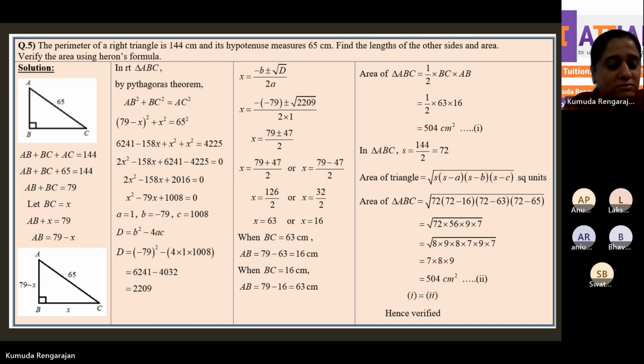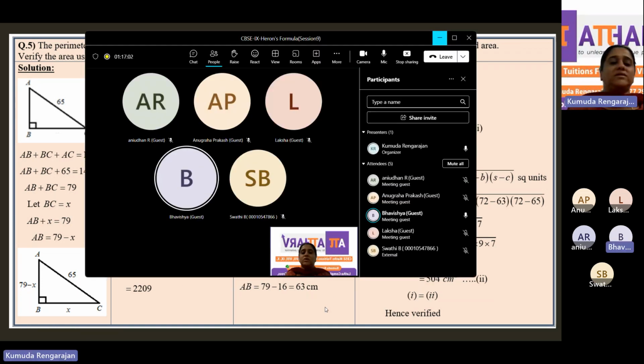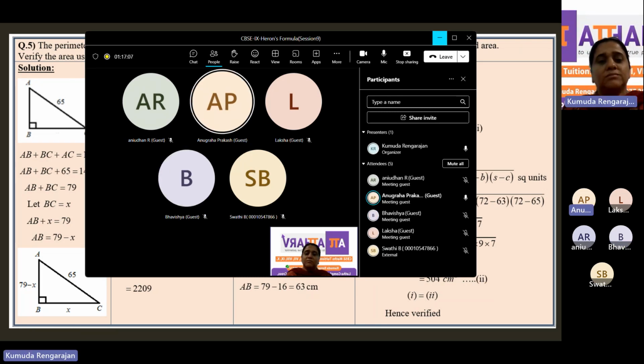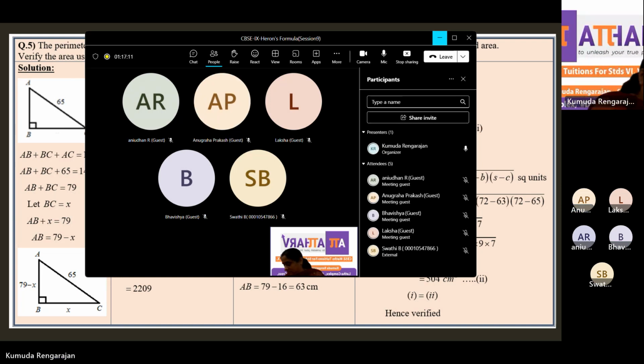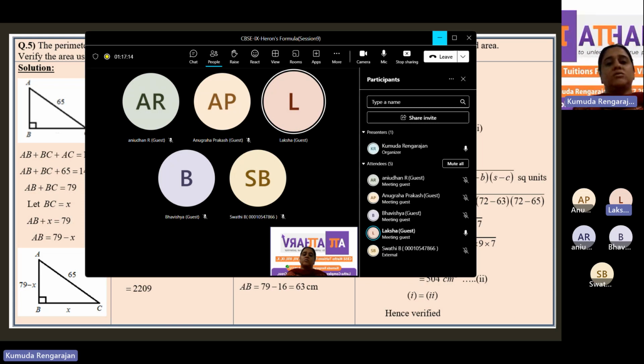Anugraha. Done, ma'am. Okay. All of you? Swati says done. What about the others? Okay, Laksha. Okay, Bhavishya. Okay, Anugraha. Laksha. Yes, ma'am. Aniruddhan.